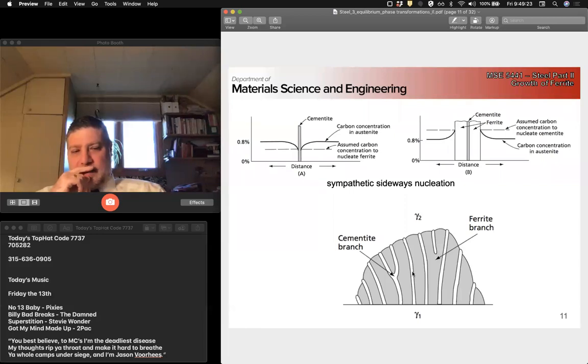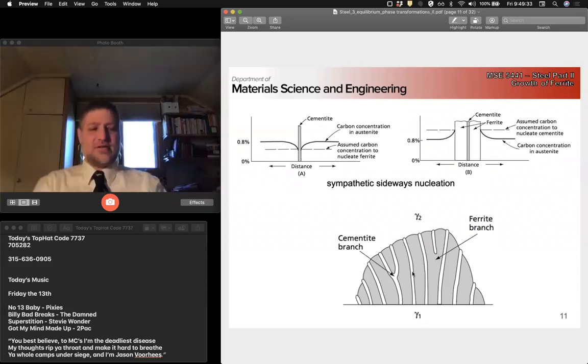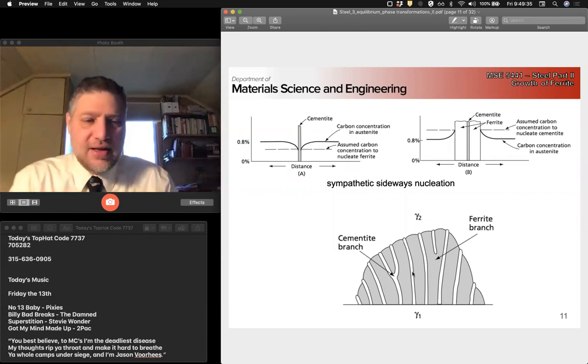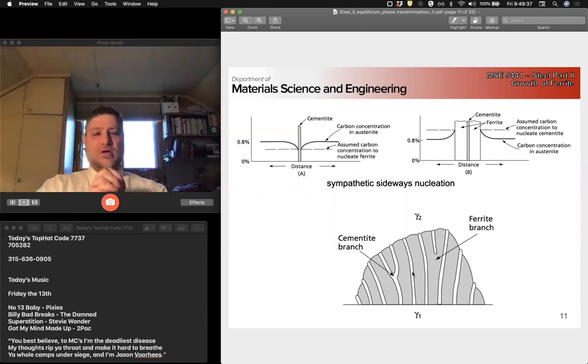Am I clear? So you can make an argument both ways, right? So if we just think about it for a second, how can you make an argument that it would be coarser at high temperatures?